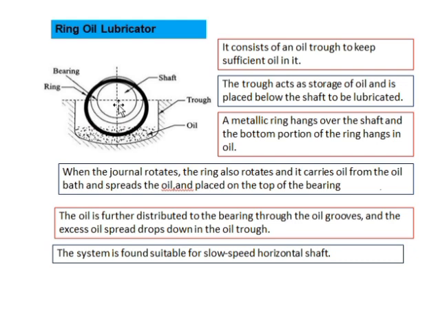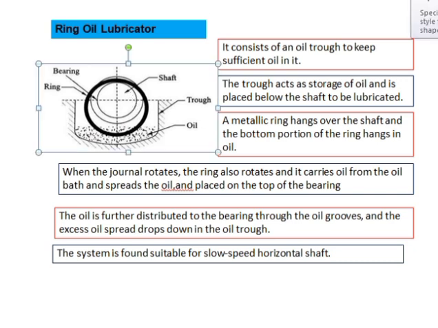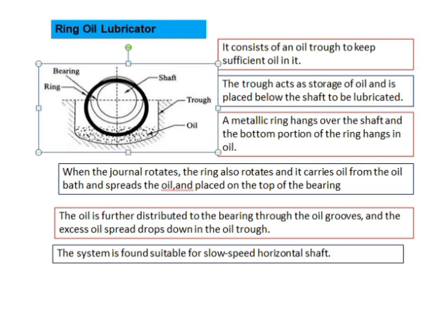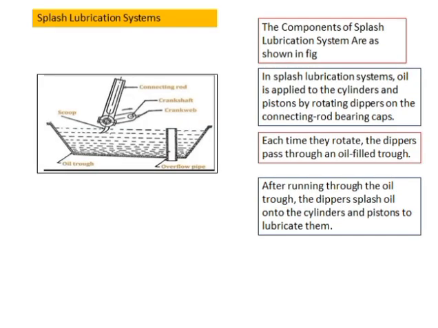When the journal rotates, the ring also rotates and it carries oil from the oil trough and spreads the oil on the top of the bearing. The oil is further distributed to the bearing through the oil groove and the excess oil spreads down to the oil trough. This system is found suitable for slow speed horizontal shafts.